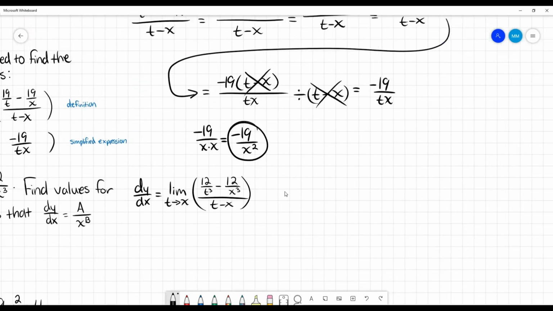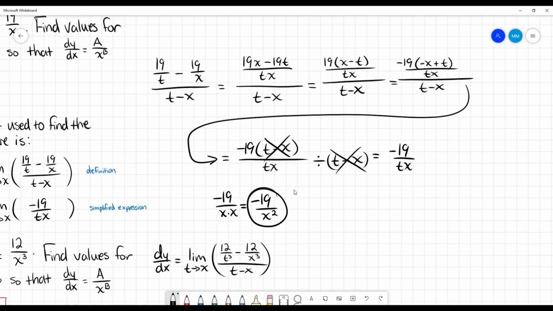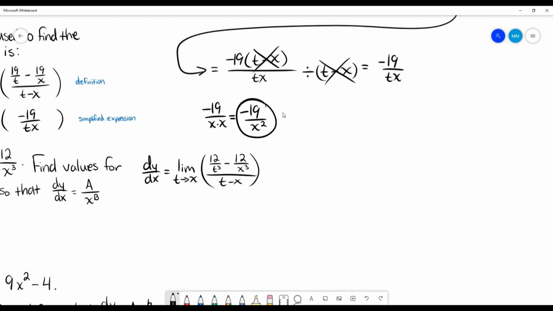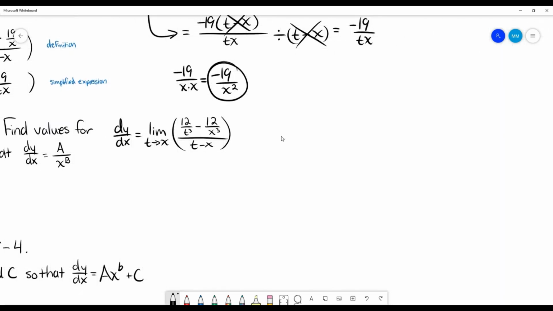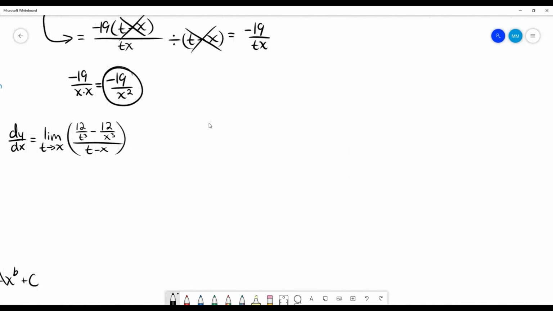And we're going to do the exact same thing that we did in the top one, except now there's some cubes involved, so it gets just a little bit trickier. So again, I'm just going to work with this algebraically. I'm going to do that over here. So 12 over t cubed minus 12 over x cubed, all over t minus x.